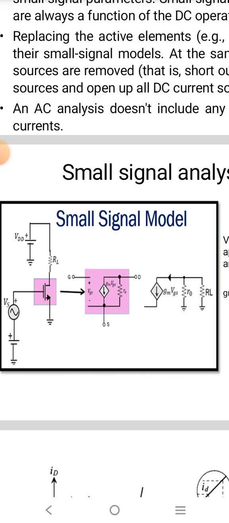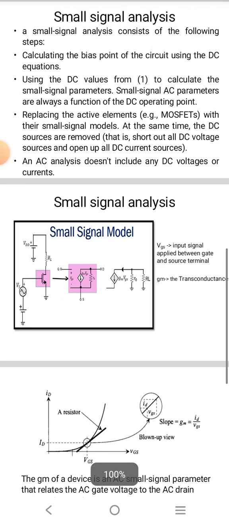The dependent source is a current source. It depends on gm and VGS. VGS is the input voltage, that is, between gate and source we have only VGS. So that current source depends on VGS, and gm is the transconductance. Between drain and source we have a voltage controlled current source, in parallel with which the resistance r0 is present. It is the output resistance. This is the small signal model of the MOSFET.